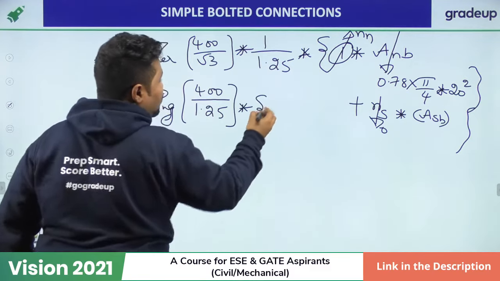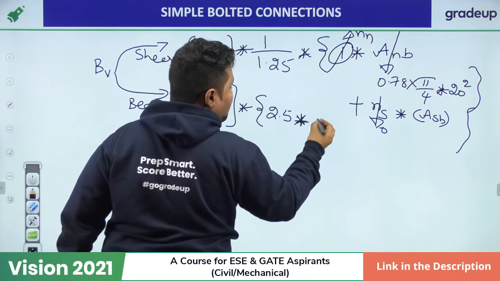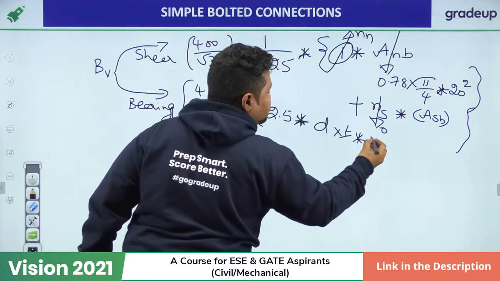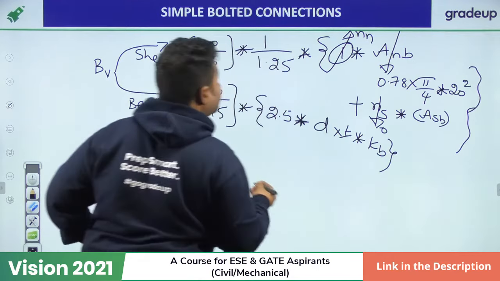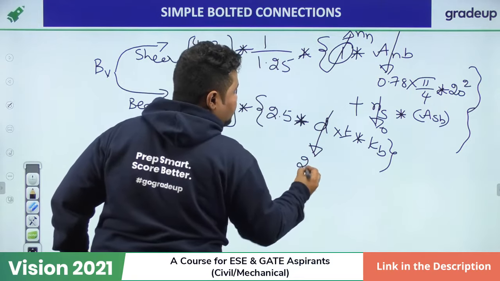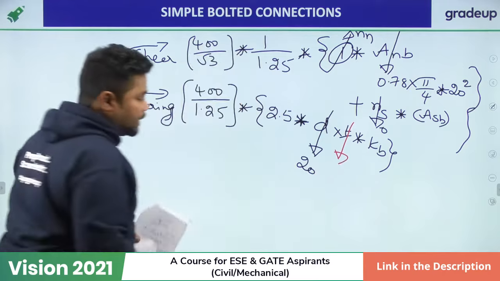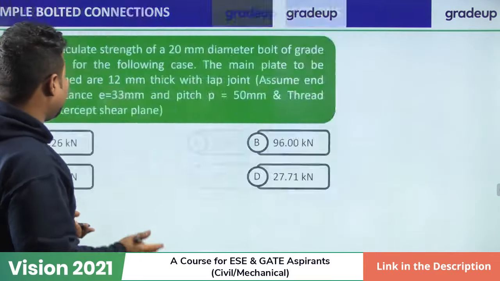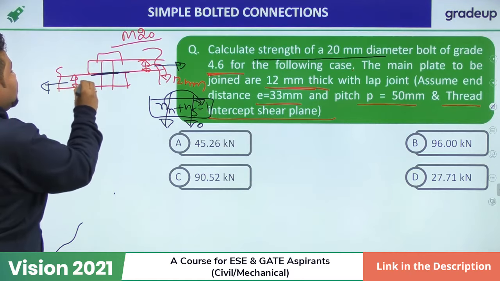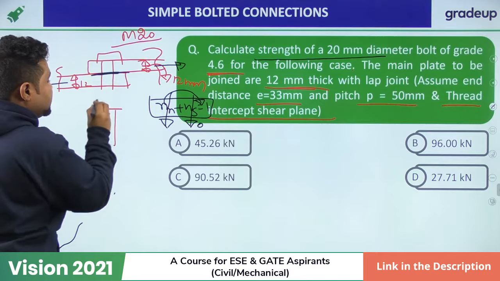And coming to the effective area, it is 2.5 into D into T into KB, right? The diameter of the bolt is 20 millimeter, and T is the minimum thickness of the plates which are experiencing bearing stress in the same direction.